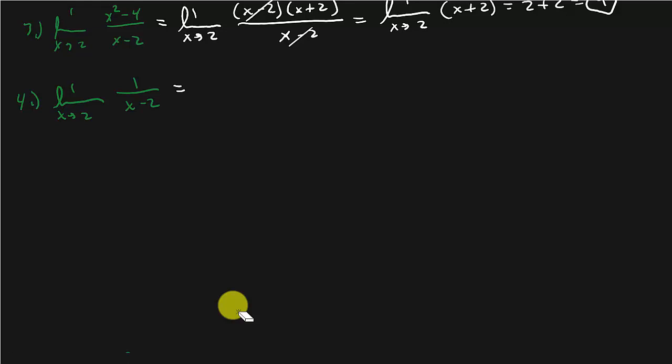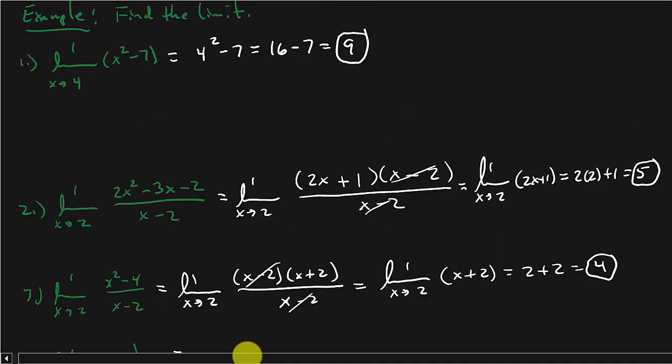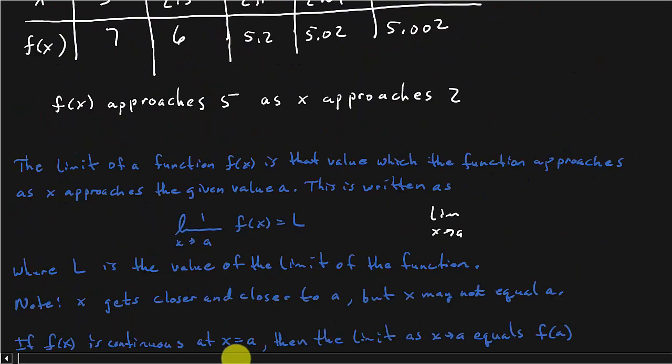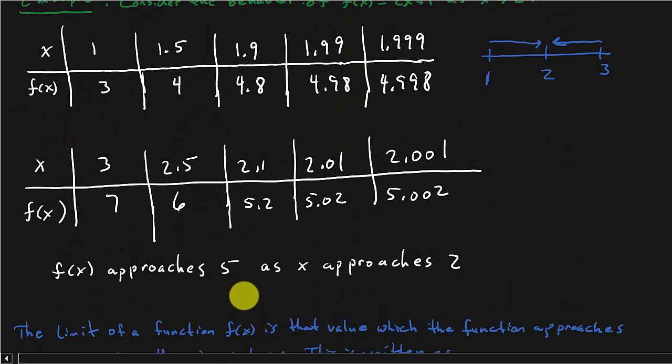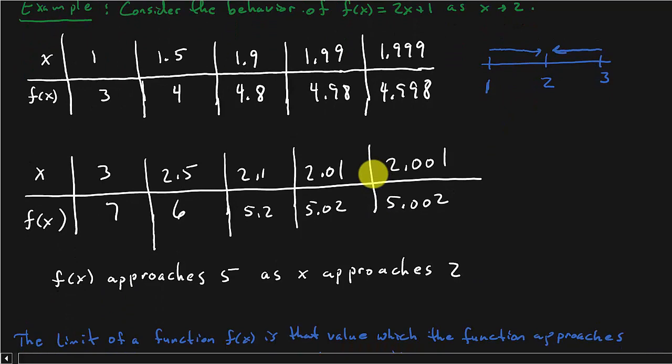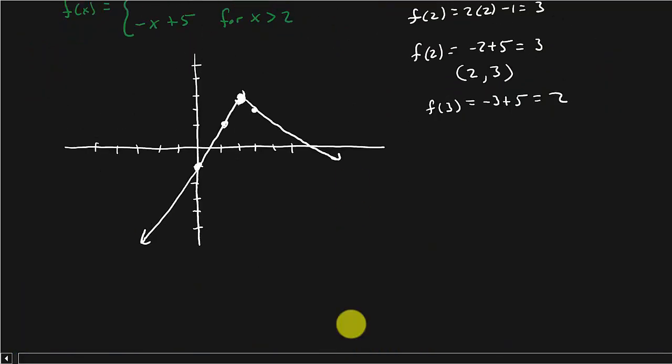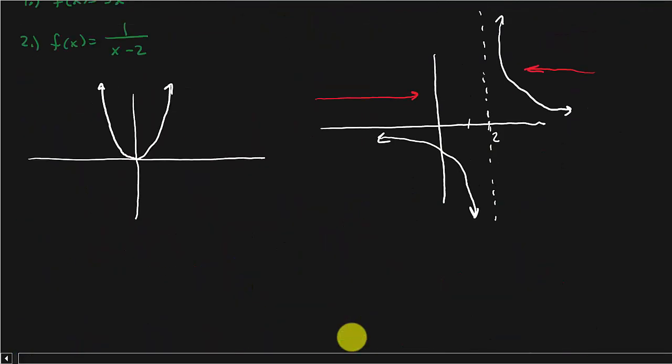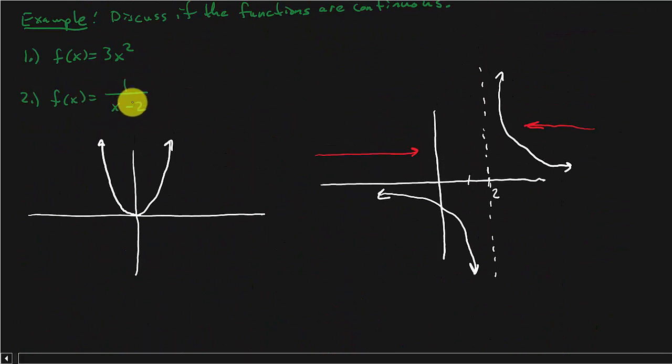Do you remember in the problem where we did the table? It's actually the one we're showing the derivative of, this 1 over x minus 2. We can see there's no limit there. It's not continuous at 2.